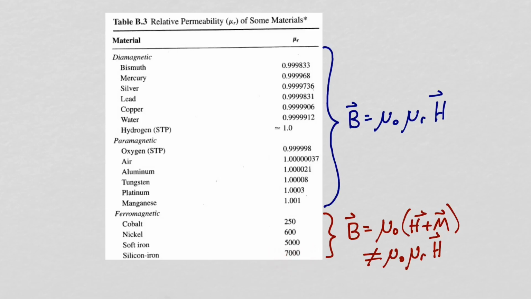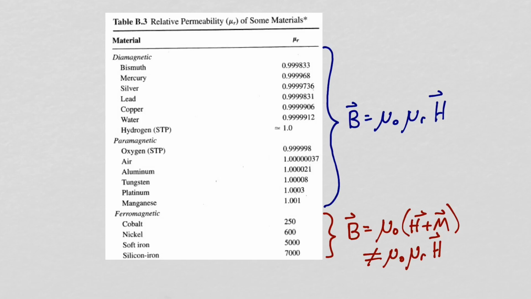The first thing to notice is that the relative permeabilities for diamagnetic materials and paramagnetic materials are very close to 1. So essentially, you can think of linear materials as being non-magnetic.